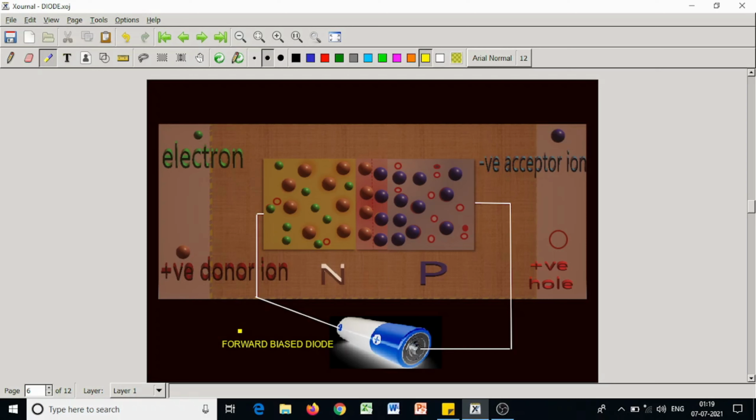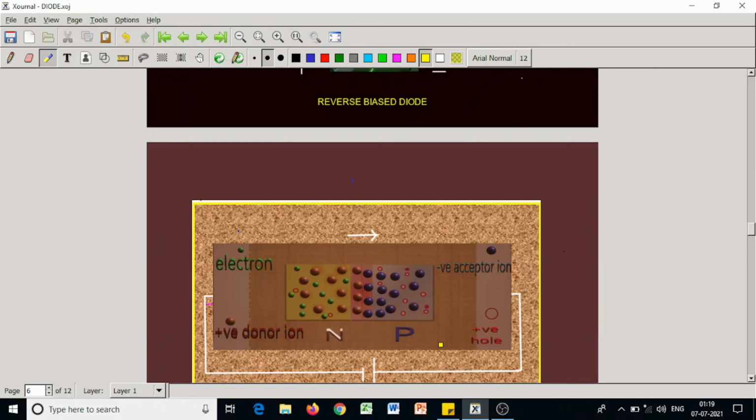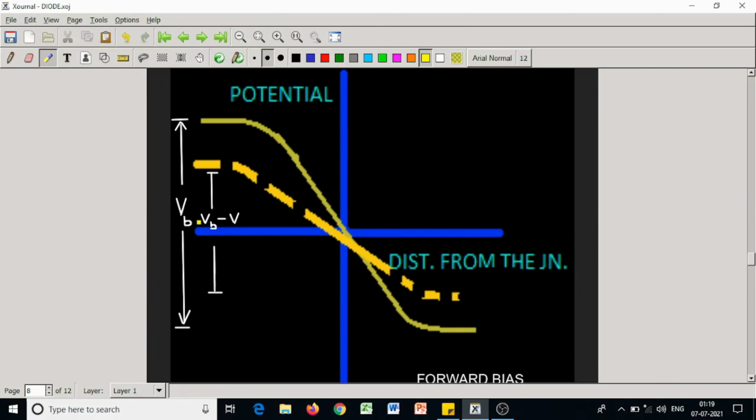Now, if an external voltage V is applied in such a way that the P side becomes positive and the N side becomes negative, then the intrinsic potential barrier VB is reduced to VB minus V. The junction is then said to be forward biased.